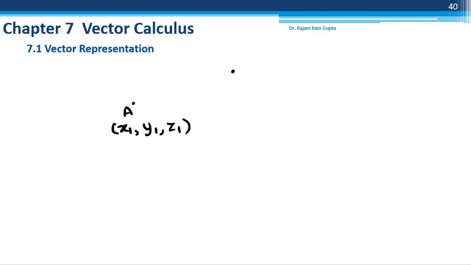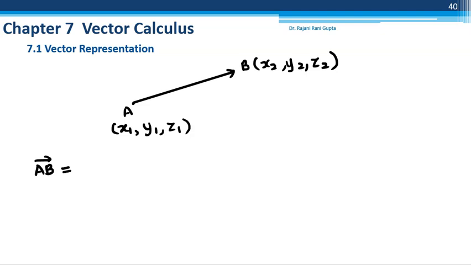Let another point B have coordinates x2, y2, z2. If you want to find the vector AB, since A is the initial point and B is the terminal point, we always subtract the components of the initial point from the components of the terminal point.